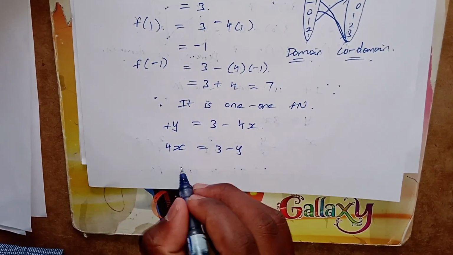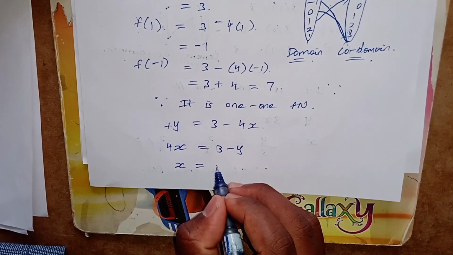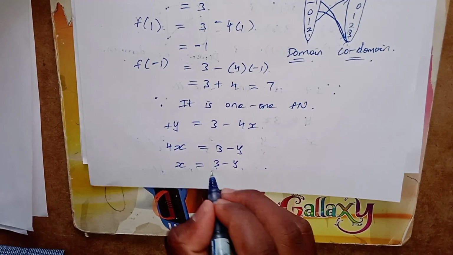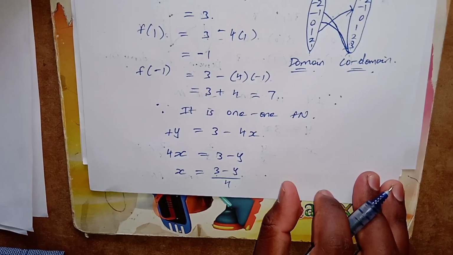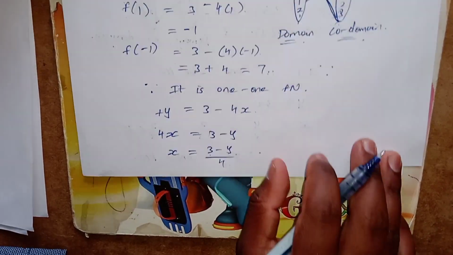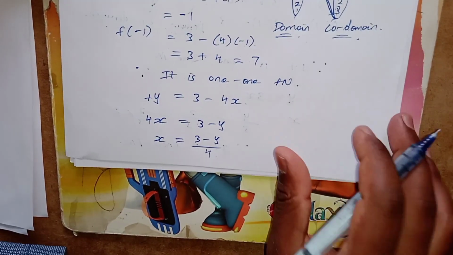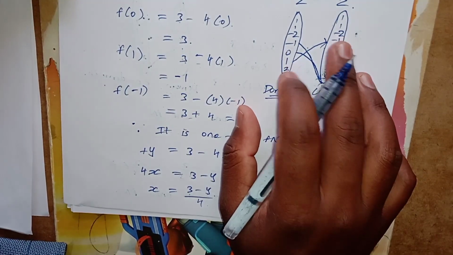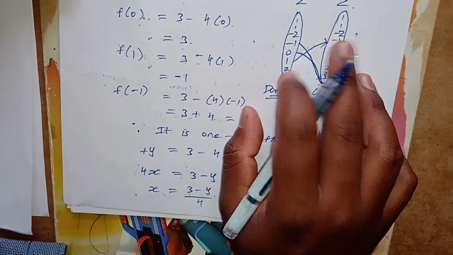Therefore, we need only x equal to 3 minus y divided by 4. Okay. Next, I am taking y has minus 2. My image I am taking minus 2.